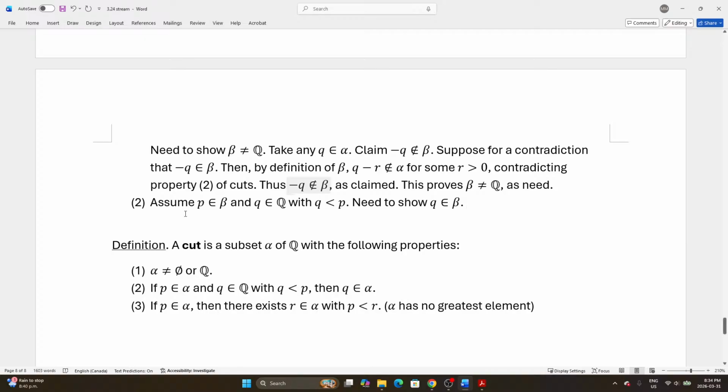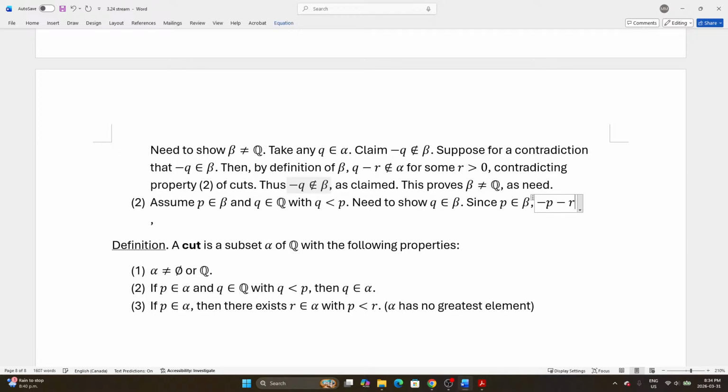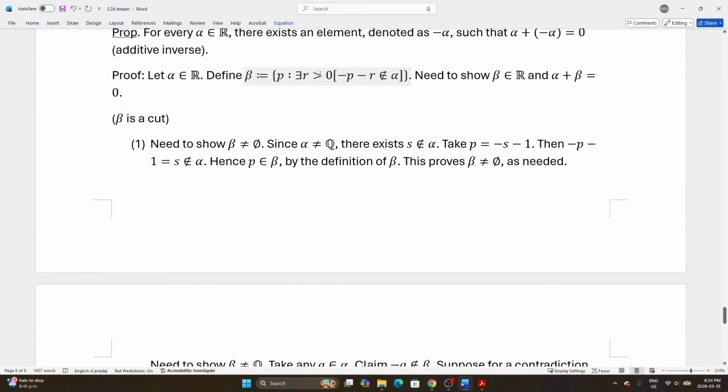Well, let's use the definition of beta. Since p is in beta, we have minus p minus r is not in alpha, sorry, it's the definition.